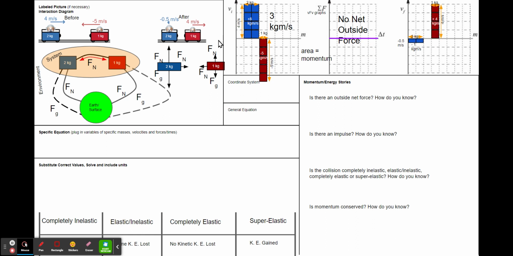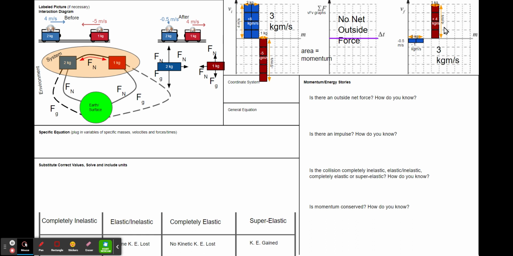For the 1 kilogram mass, we still have that base of 1 kilogram, but now it's got a height of 4 meters per second. To find that momentum, we multiply 4 times 1 and get 4 kilogram meters per second. Just like before the collision, when we added up the positive 8 and negative 5 to get a total momentum of 3 kilogram meters per second.